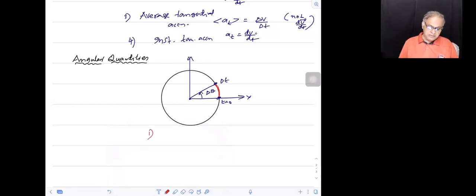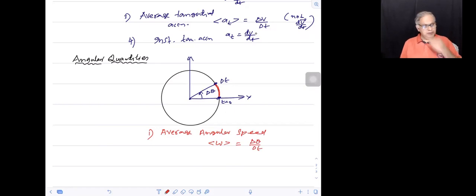So the angular quantities, first thing is average angular speed, which will be defined as omega average, with these brackets, is delta theta by delta t. Angle described by time taken, to put it in simpler English words.